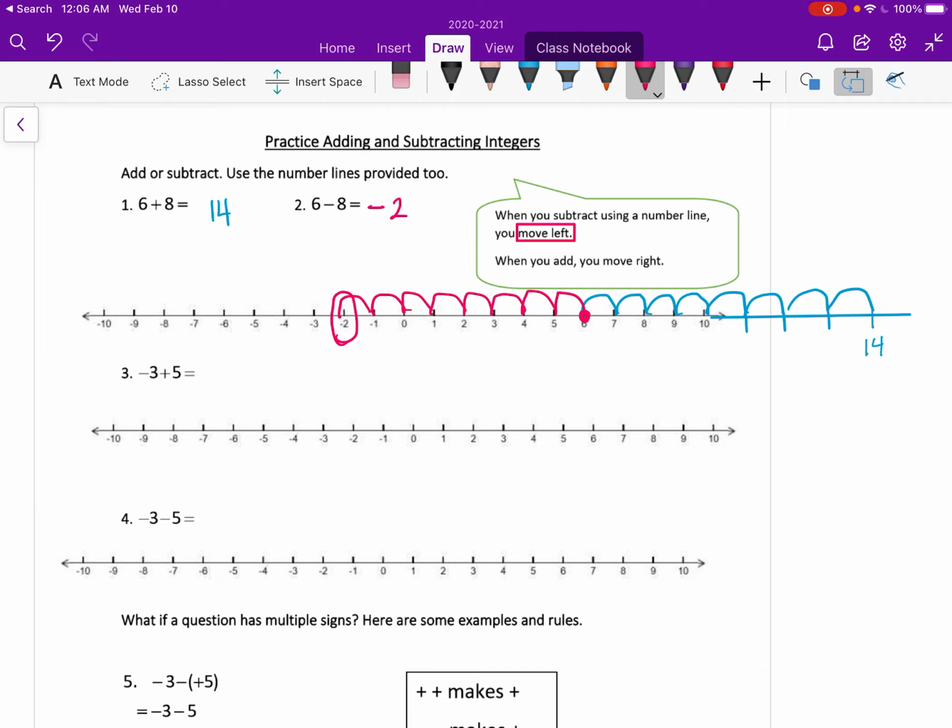This is why 6 plus 8 and 6 minus 8 are two different things. And you also cannot do 8 minus 6. 8 minus 6 would give you 2. It doesn't mean the same thing. You can't move these numbers around. We don't have the liberty to do that. So if it says 6 minus 8, that is completely different from 8 minus 6. So that's a really, really important thing to remember, especially as we move on to collecting like terms.